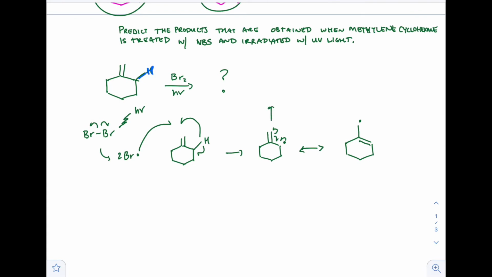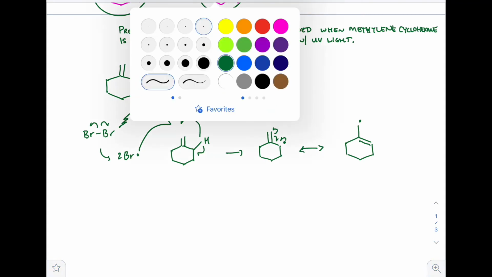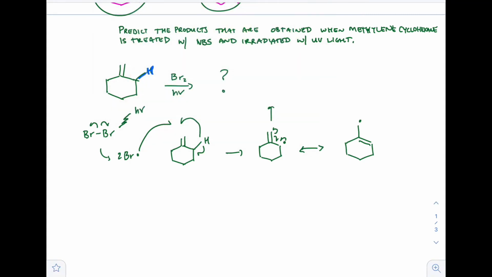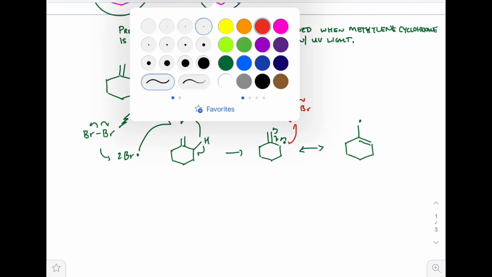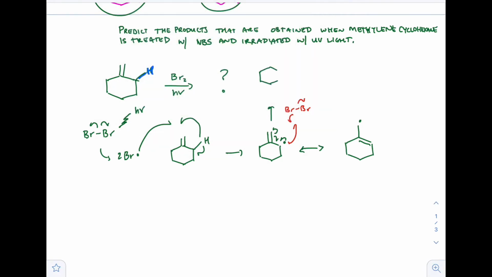Remember that the radical does attack elemental bromine, a bromine molecule, and what that does is ultimately add a bromine atom to the position where the radical was. It's going to look like this, where you have the fishhook arrows breaking this bad boy apart. Now we can draw the product.